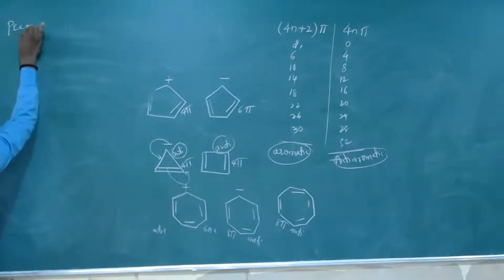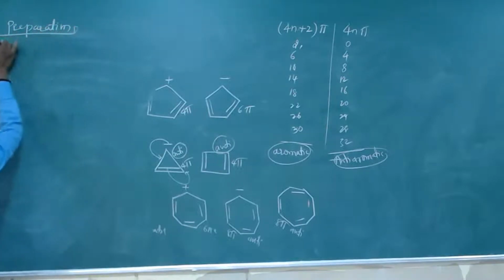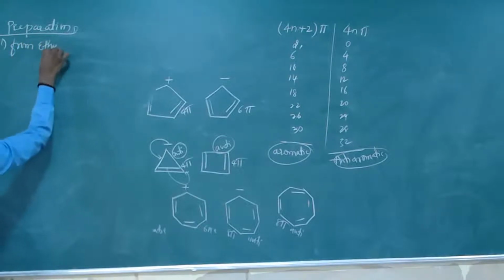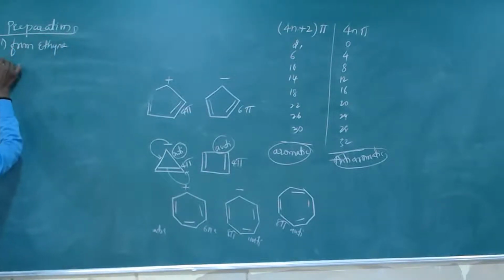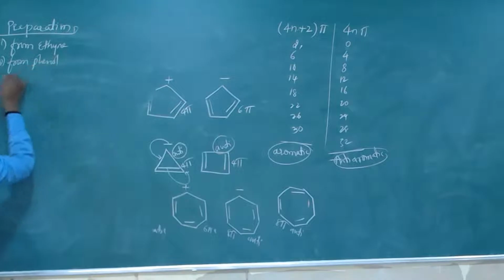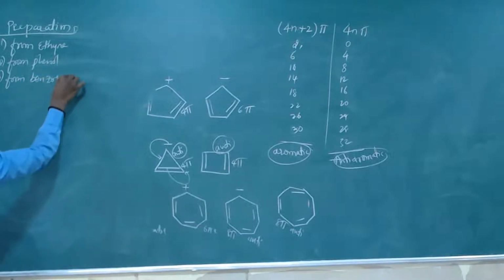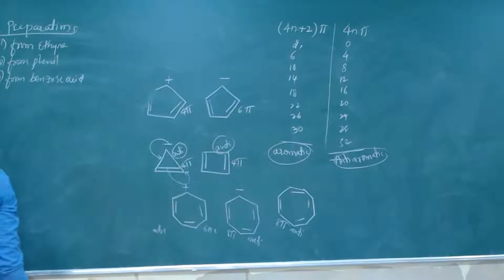Number 1, cyclic polymerization of ethyne. Then from phenol, and from the sodium salt of benzoic acid.